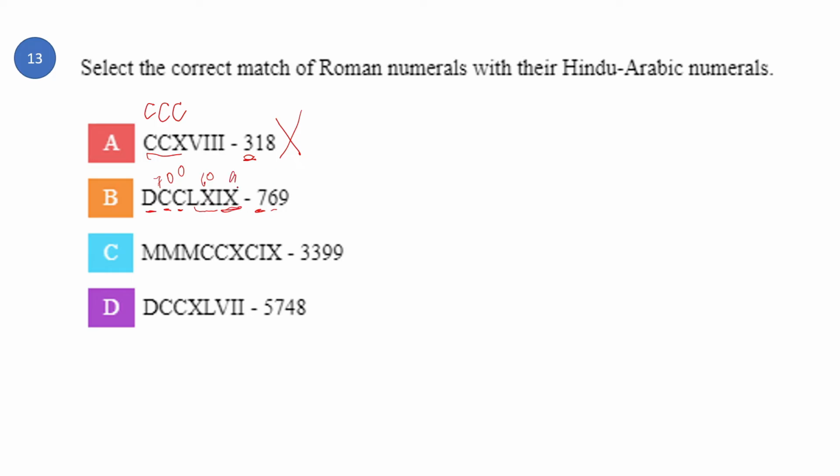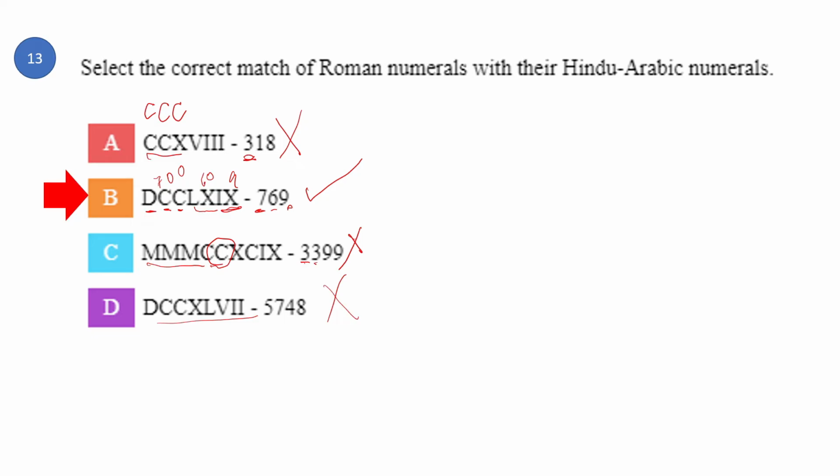And our units is 9. So this is also right. So our right answer is option B. We need not go any further. But if you still want to check, this is 3000, which is 3 M's, and 300, again just 2 X's. So wrong. And the next one is 5000, but there are no thousands here. So this is also incorrect.